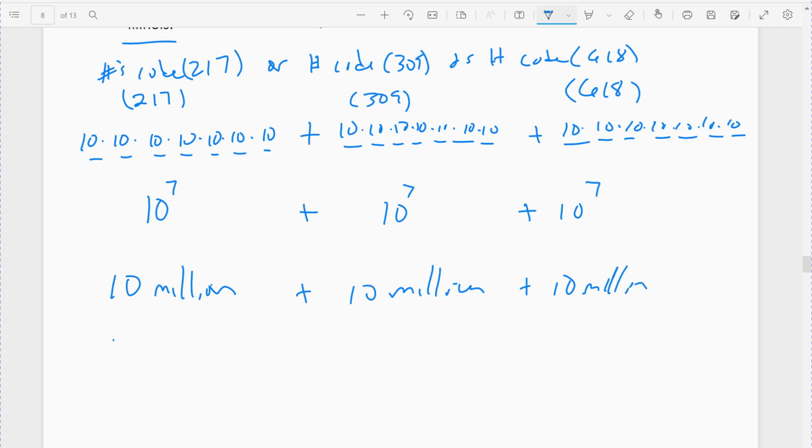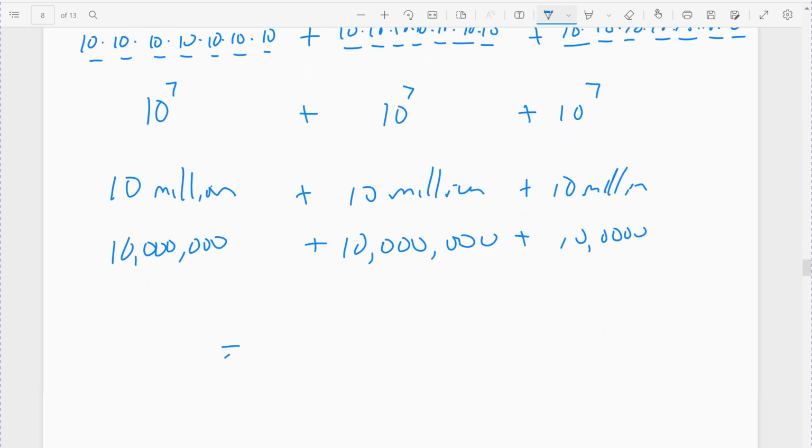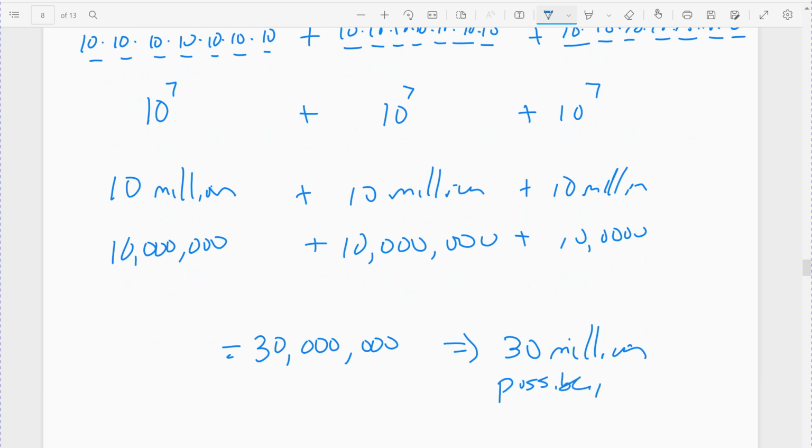So 10 million plus another 10 million plus another 10 million for a total of 30 million possible phone numbers. Now, which again would cover the majority of the state.